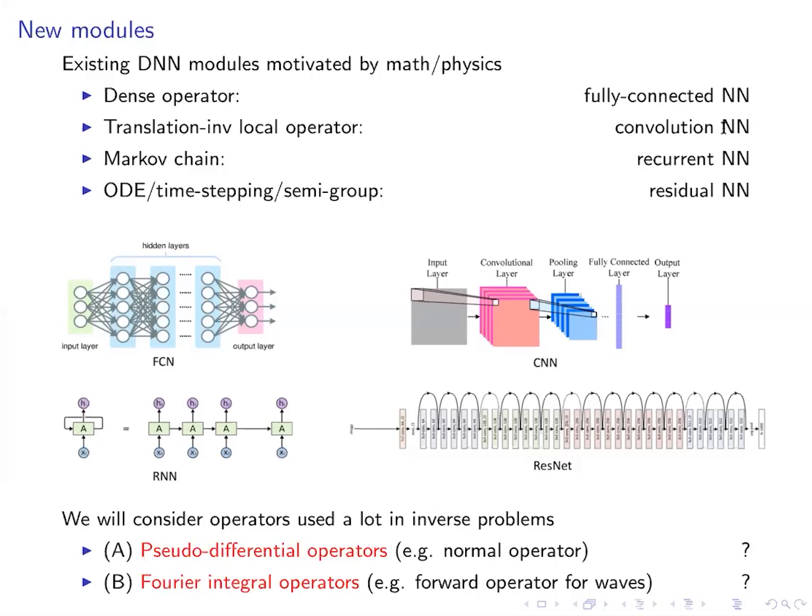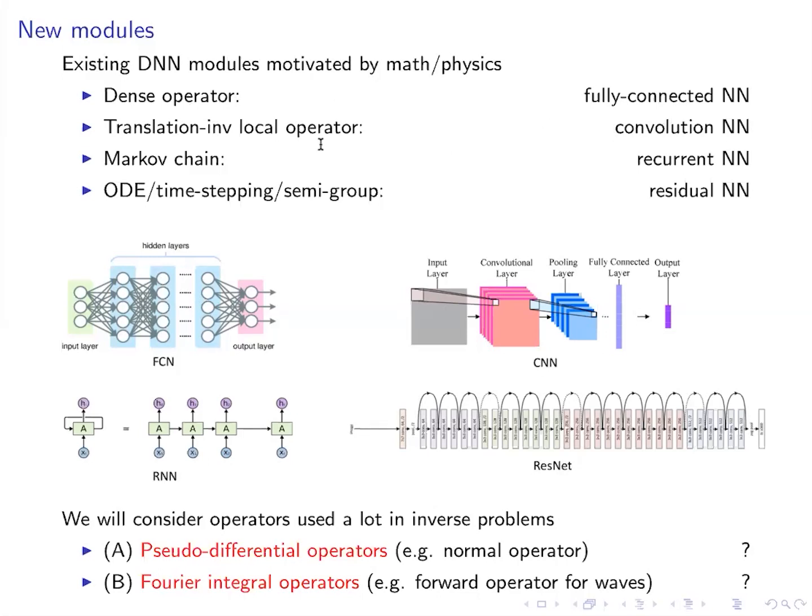The convolution neural network is used quite a lot for image processing problems, the recurrent neural network for speech processing, and the residual neural network has been essentially the most state-of-the-art neural network used. It can be combined with the convolution neural network or fully connected neural network. But if you look behind them, the fully connected neural network has a dense operator behind it. Essentially, it's a way to implement a dense operator.